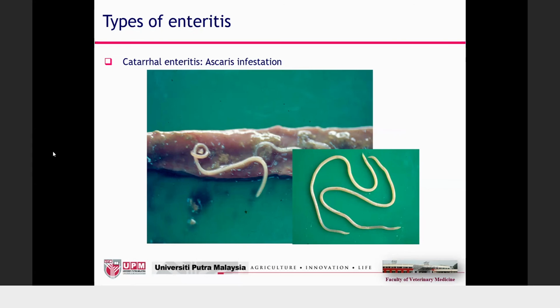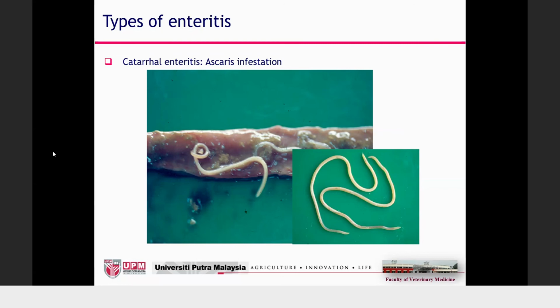In fact, I experienced during my practice, a patient brought a puppy with a very distended abdomen. The animal shows some abnormalities. And then after that, when you examine, you can do a fecal smear and so on and so forth. Then when you treat the animal with anthelmintics, the animal will completely recover.